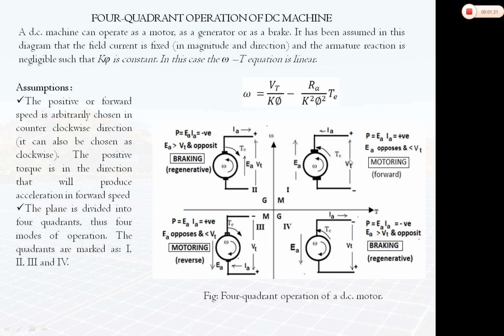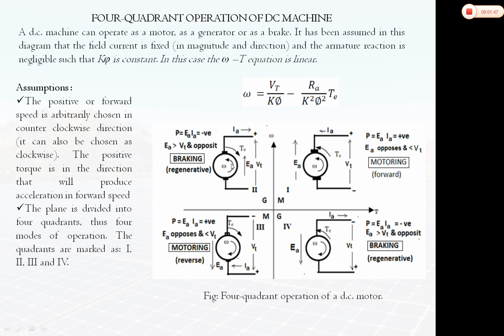This is the forward motoring mode because speed is positive and torque is positive. On the y-axis it is speed, on the x-axis it is torque. So in the first quadrant the power is positive, and speed and torque are both positive quantities. This we call forward motoring mode.